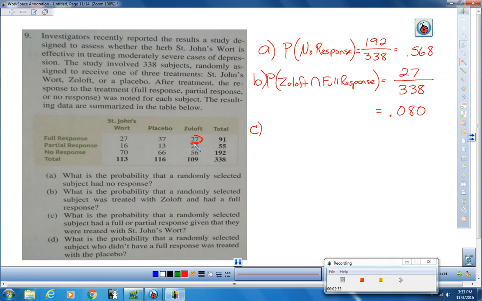For part C, it says, what's the probability that a randomly selected subject had a full or partial response given that they were treated with St. John's wort?